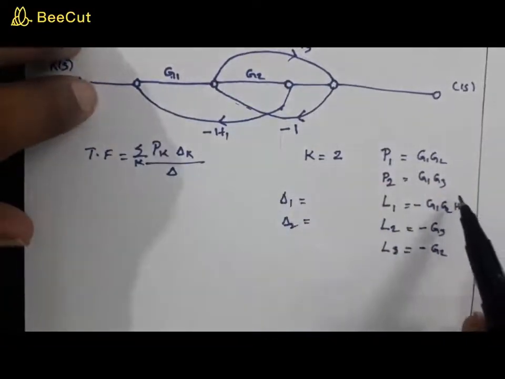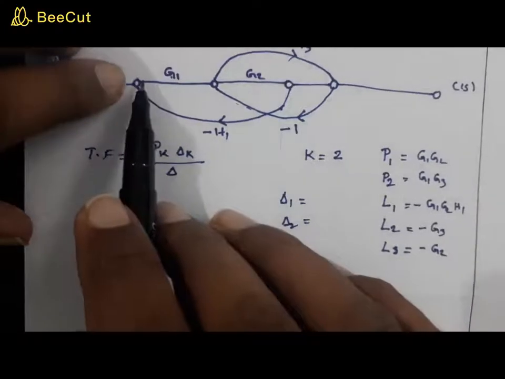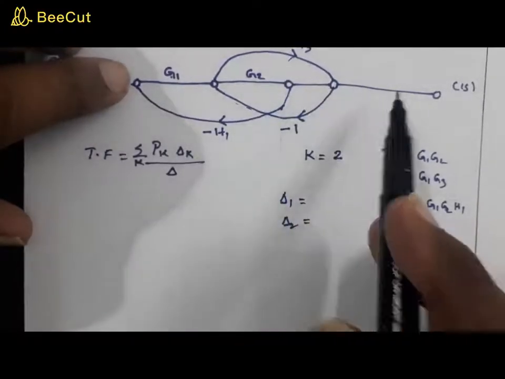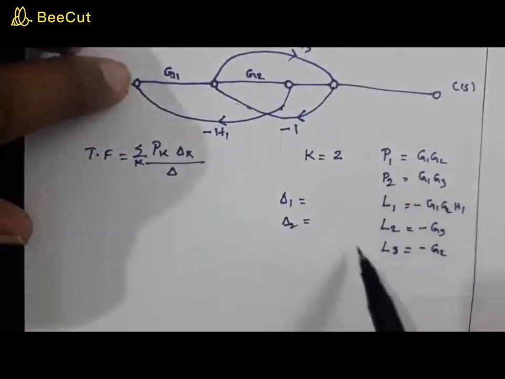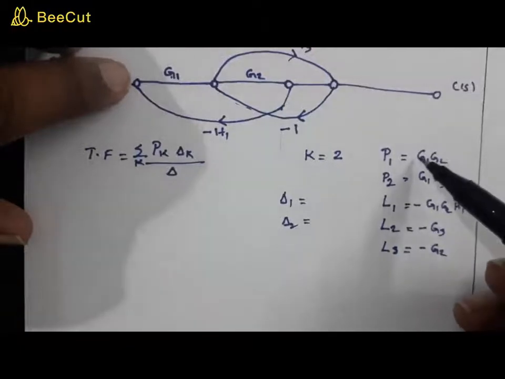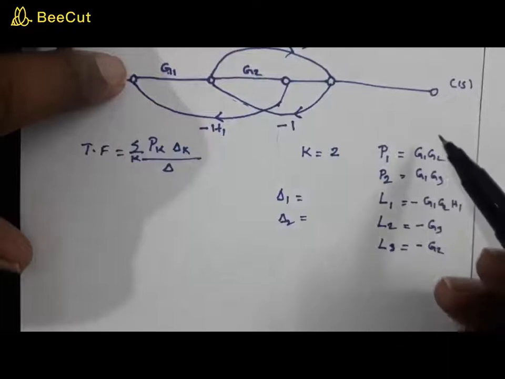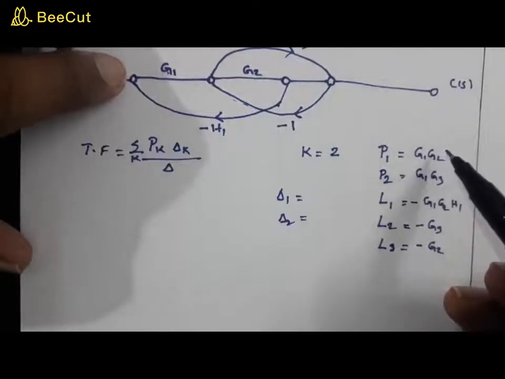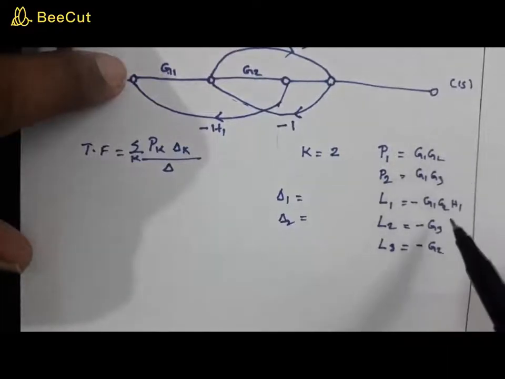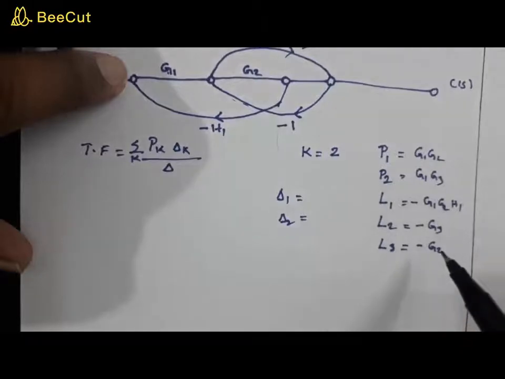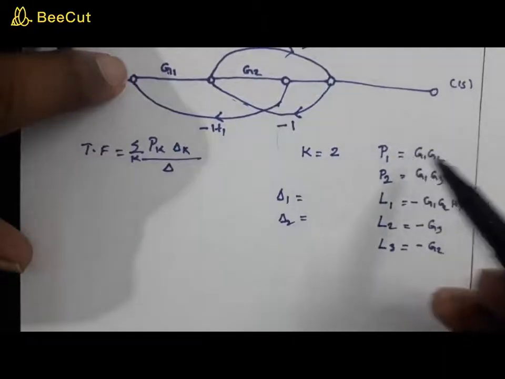All these loops are in some way or other connected to these knots. That means these loops are dependent on path 1, P1. So when P1 is removed, there will be no loops, right? No loops independent of P1.